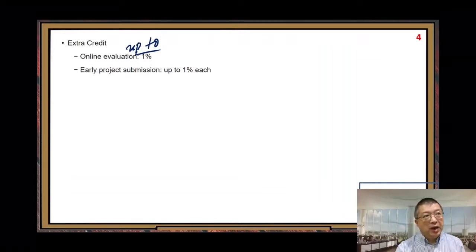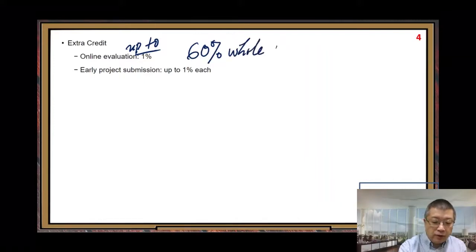I will use the line like this. For the whole class, if 60% of the whole class complete that online submission, I can see that percentage from my page. I will let you know.